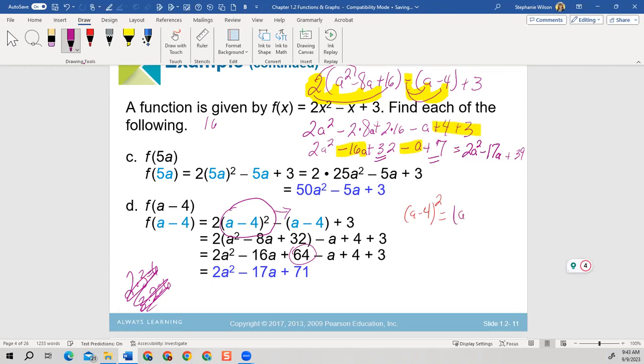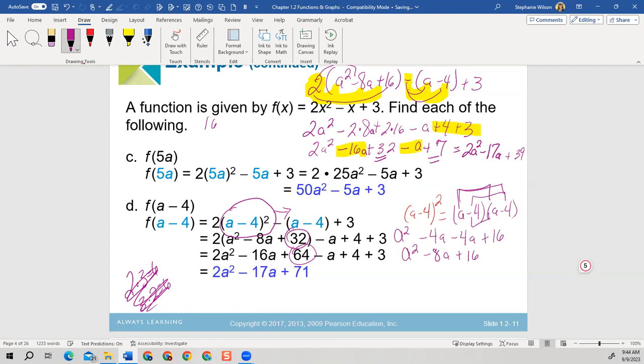So they said that we have this. Let's redo it. So that gives me a times a, which we said is a squared. A times that negative 4 is negative 4a. Negative 4 times that a is negative 4a. And then negative 4 times that negative 4 is a positive 16. So we put these together. Okay, looks great. They have a 32 here.